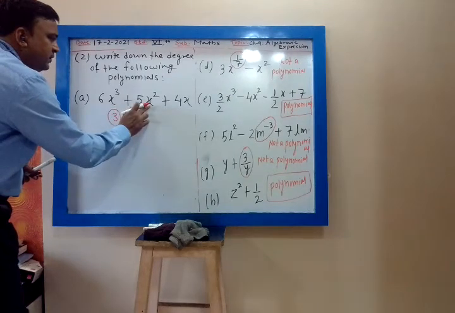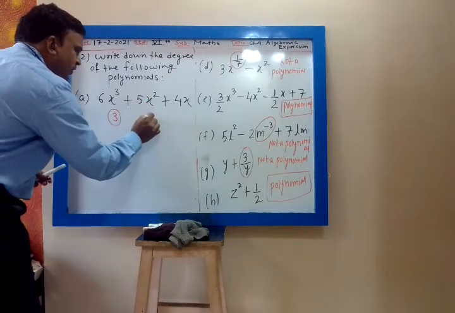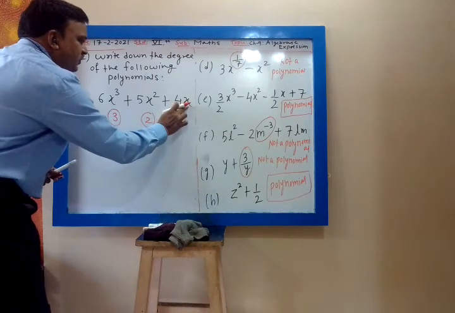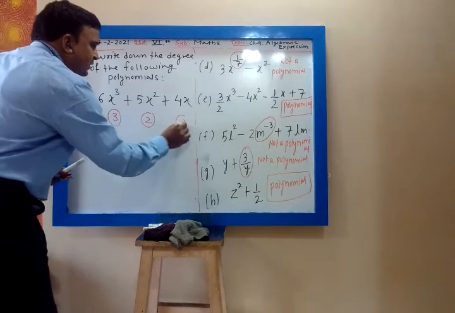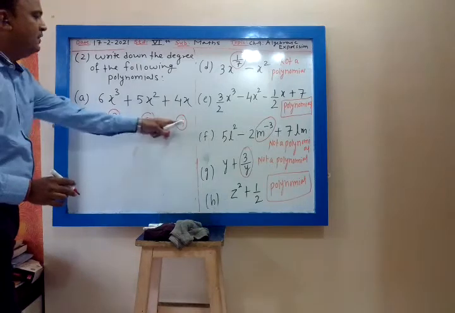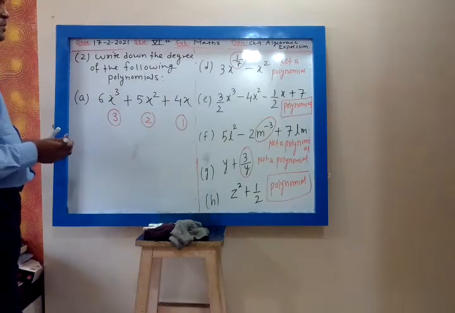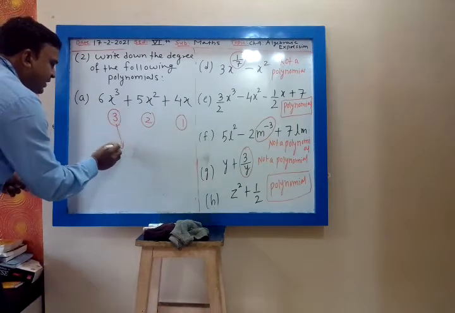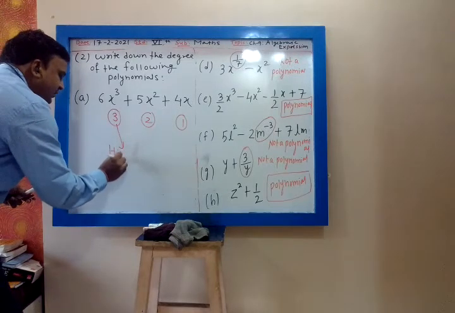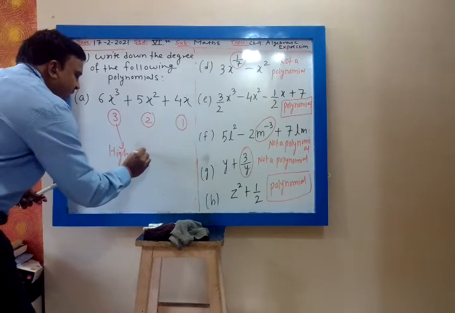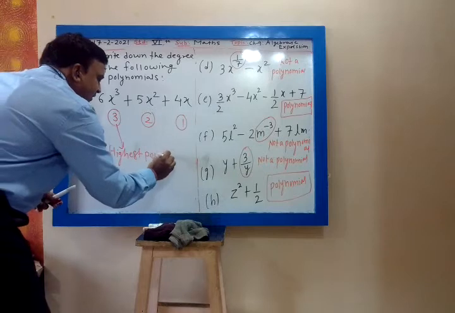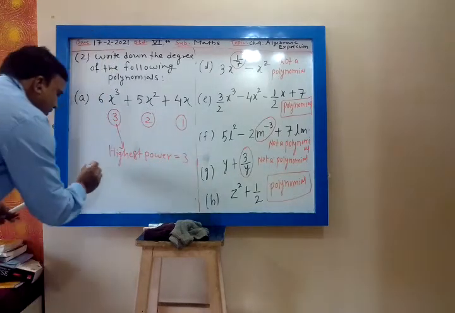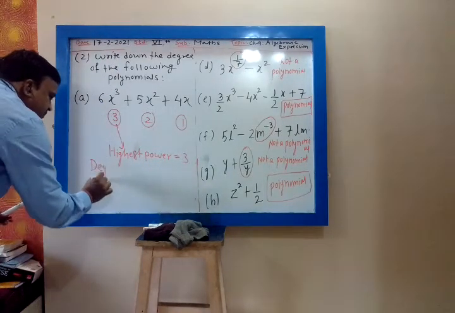What is the power of x? 2. Very good. What is the power of x? 1. So among these powers 3, 2, 1, which is the highest? 3. So the highest power is 3, so the degree of the polynomial is 3.